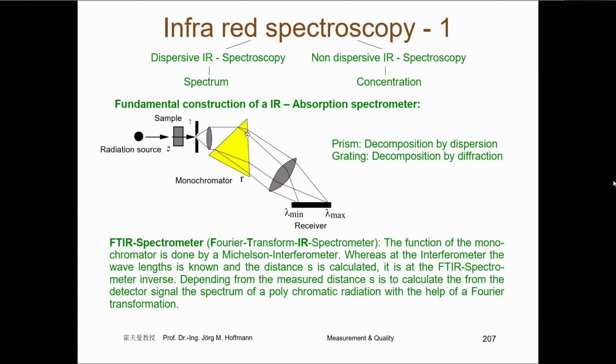This is by dispersion, but when you have small stripes, you can do it by diffraction. And in the end, you have separated the wavelengths from the minimum to the maximum, and depending on the sample, you miss some of the wavelengths. How much is missing, that is the amount of content, and the wavelength itself is the kind of material that you have measured.